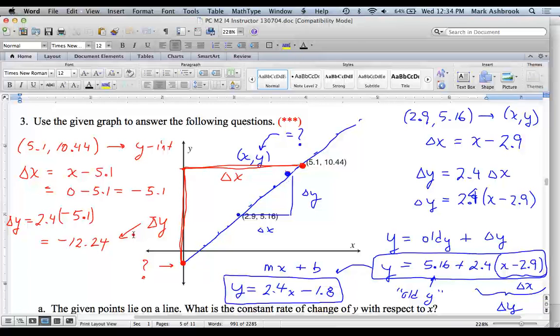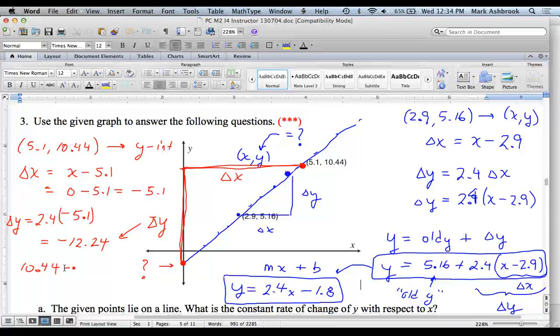Okay, one more step. Where is Patrick Cowger? Is Patrick here? Andrew Guerrero. What's the last thing? Started at a y value of 10.44, and then?